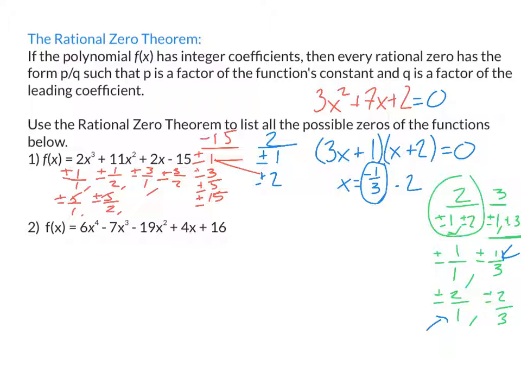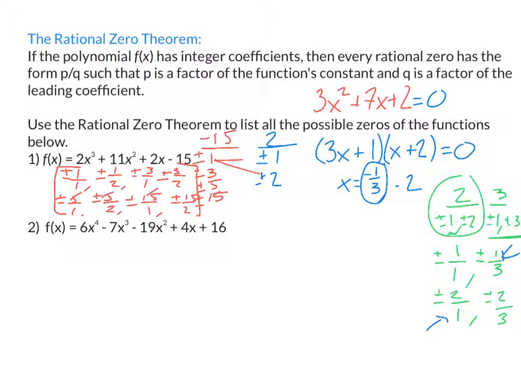And then I'll do the 15, plus or minus 15 over 1, and plus or minus 15 over 2. And so we have a large list. I see 16 different possible numbers here that would work as potential zeros. So we've narrowed down our list of all real numbers that could work to this list of 16.